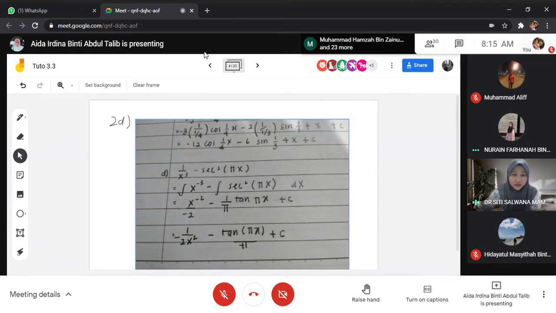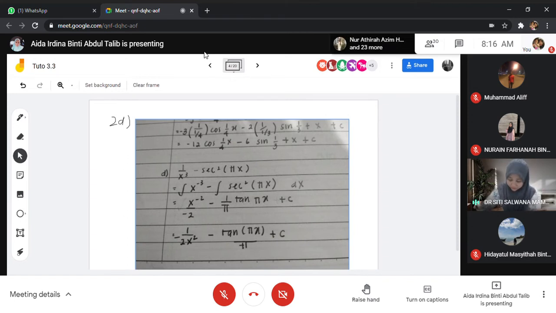Negative 3 you akan dapat plus 1, power is negative 2. But for the secant square pi x ni, directly you integrate, you akan dapat tangent. Function kita pi x, and then kita divide by pi lah, dia punya coefficient for x.